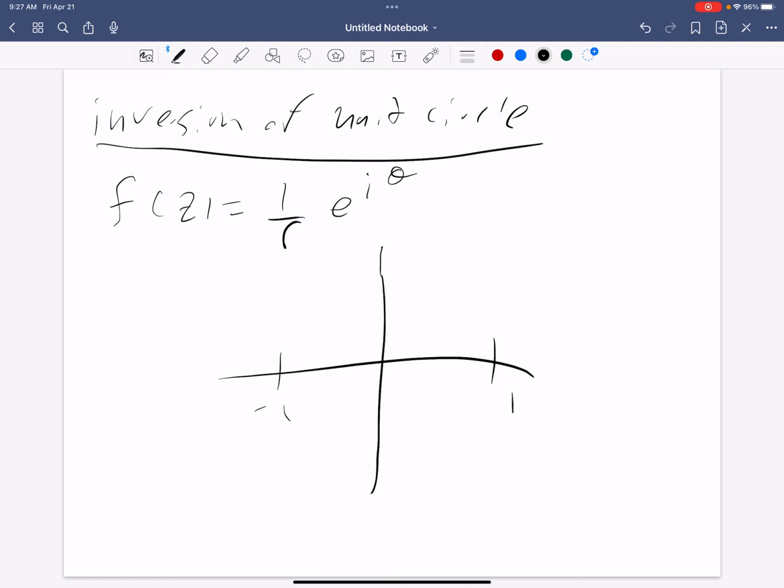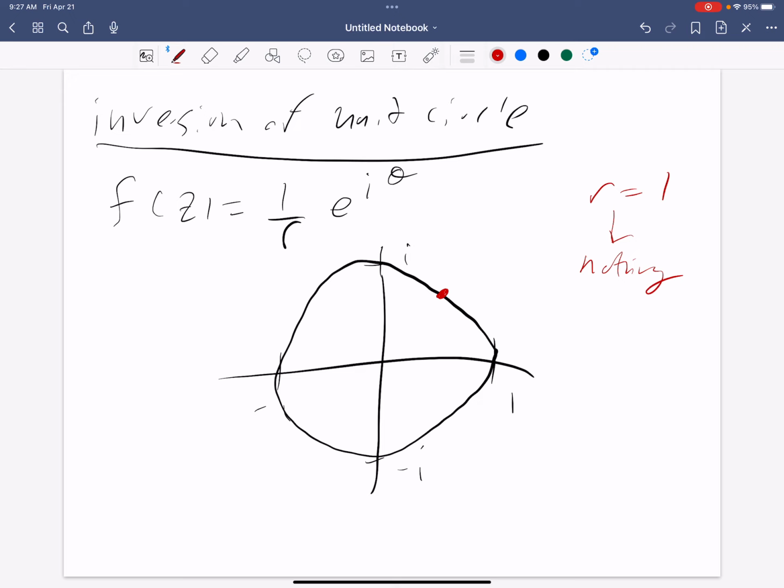If we look at our unit circle, if r is equal to 1, that means you're on the unit circle, and our formula says 1 over r. Well, r is 1, so 1 over r is 1, so if your r is equal to 1, you don't do anything.